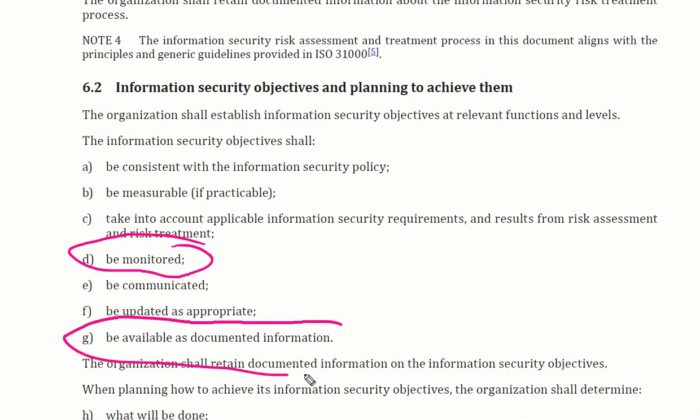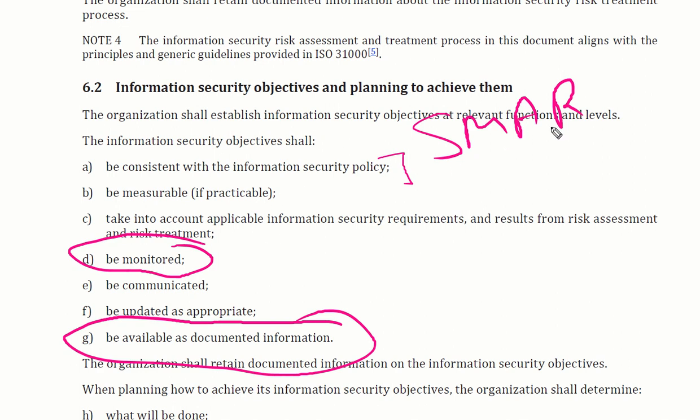So they have added these two requirements, and the rest of the requirements are the same. Earlier, the requirements were that your objective should be measurable, following the SMART principle, and consistent with your information security policy.